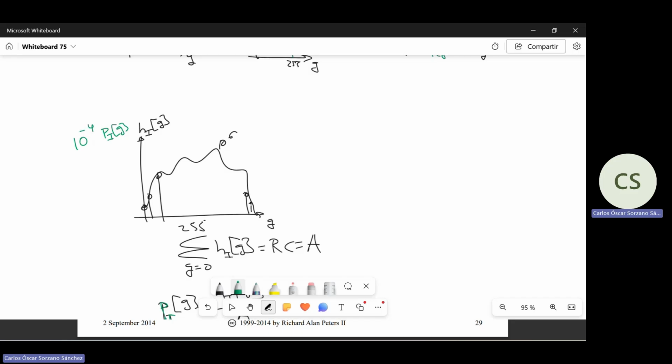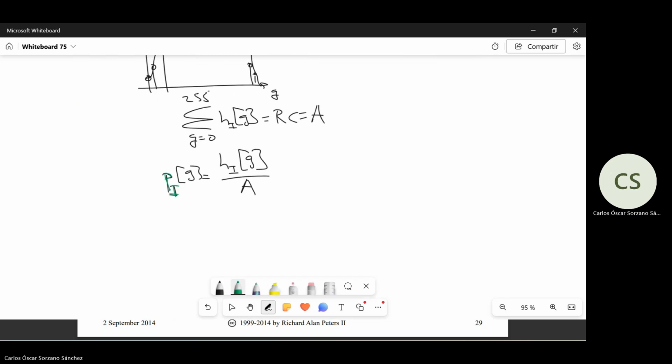Why? Because if I compute the sum from G equals 0 to 255 of p for I, what should it be? 1, because 1 over A comes out and then the sum, so this is A divided by A. So this is 1.